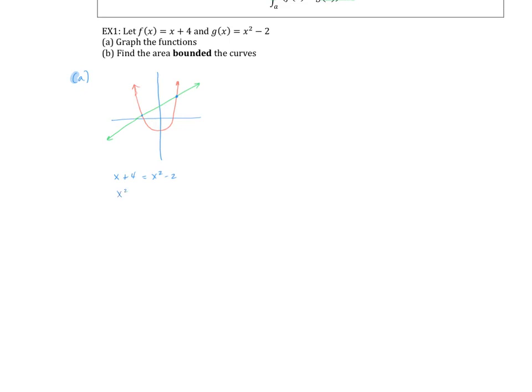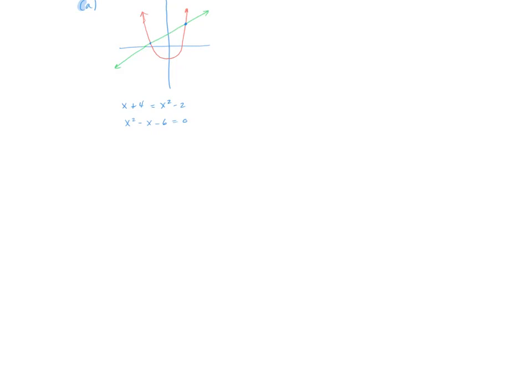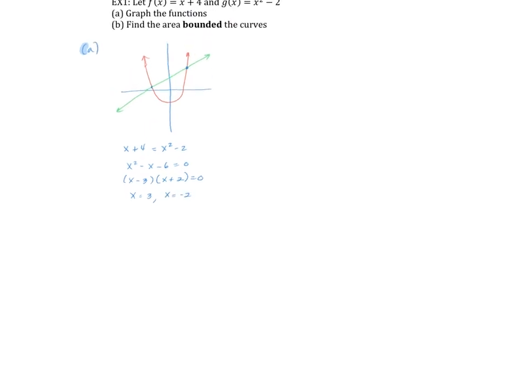So it turns into x squared minus x minus 6 equal to 0. All I'm doing here is factoring so I can find these points where these two graphs intersect. This factors to (x minus 3)(x plus 2). So I have x is equal to 3 and x is equal to -2. Going back to my graph, at -2 and at 3, that's where these two graphs will intersect.